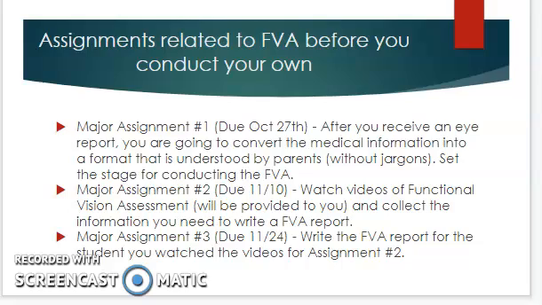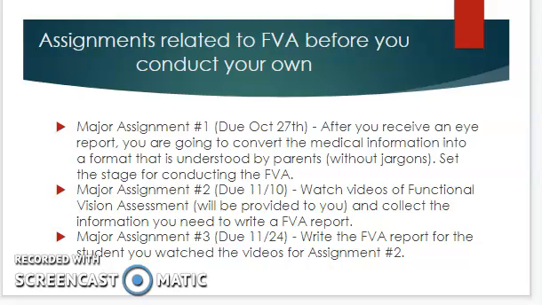In this, you will be provided with the resources 2 weeks in advance of November 10th. So you will watch Dr. Conroy assessing a student for the major assignment 2, and all you need to do is collect the information you need to write an FVA report, basically. You will be given a form.